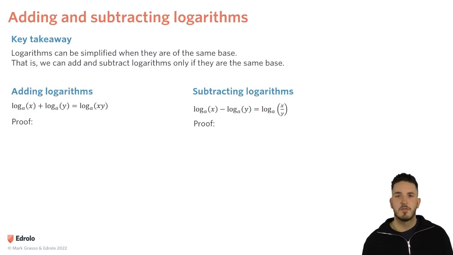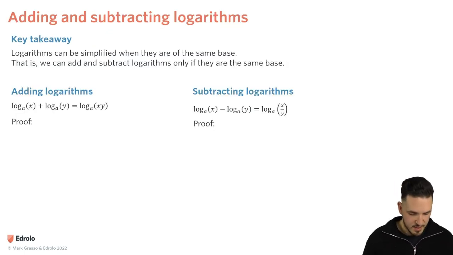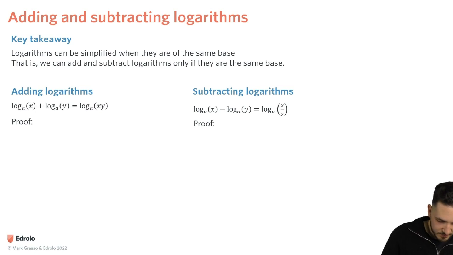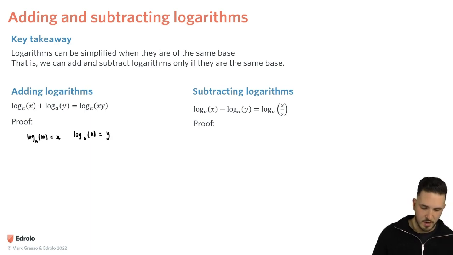So looking at a proof for the property of adding logarithms, let's start with log a of m equal to x and log a of n equal to y.